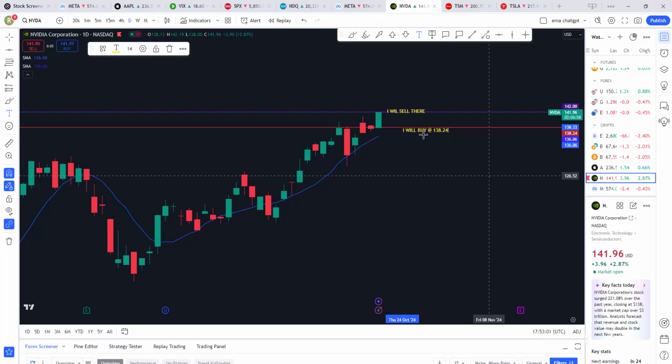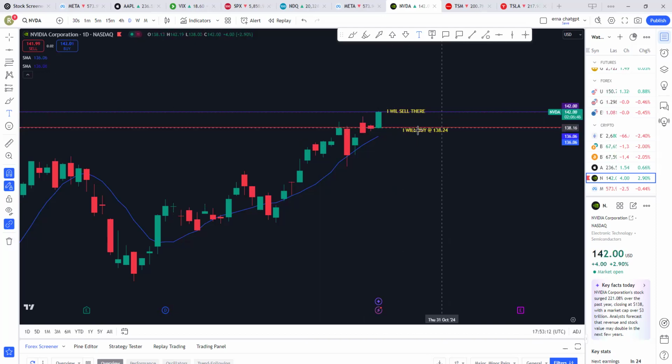You always wait for the price. You never buy in the middle of the price. Don't ever do that. You always buy at the support and sell at resistance. For instance, you say, I will buy there at 138.24.